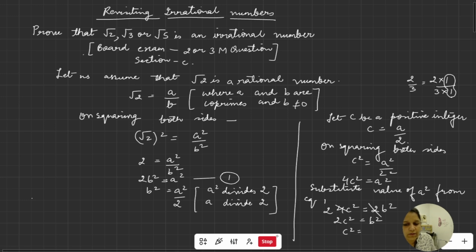Or c square will be equal to b square by 2. Mark it as equation number 2. Now here what you can mention that b square divides 2. So b divide 2. So here we completed the second part of the proof.